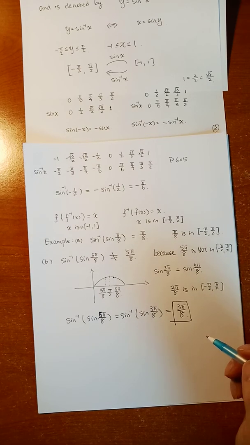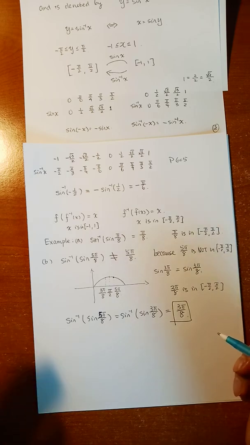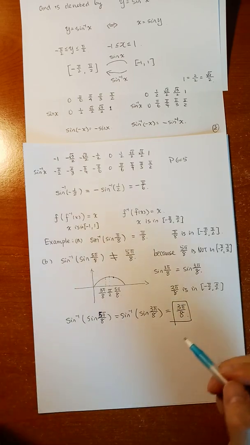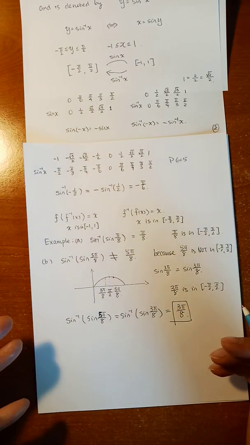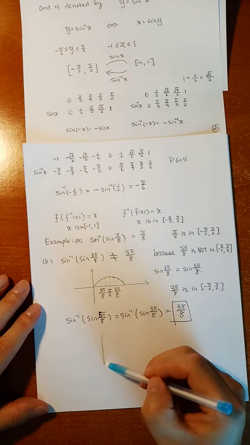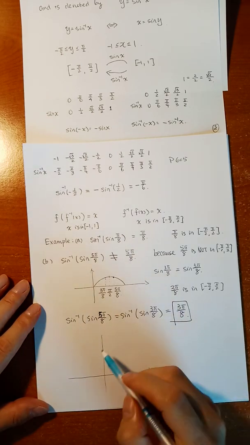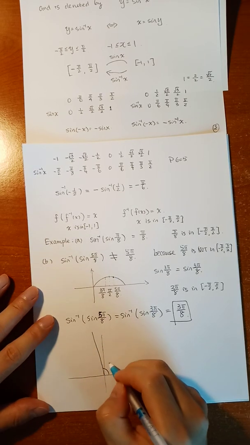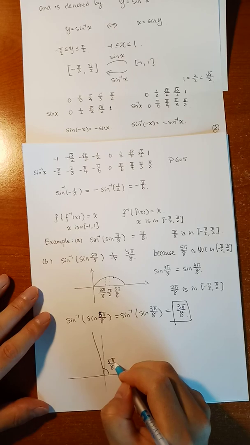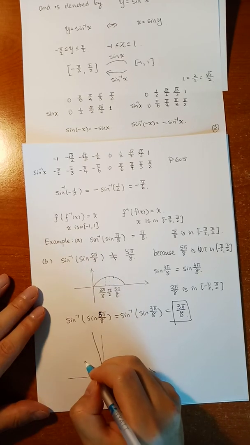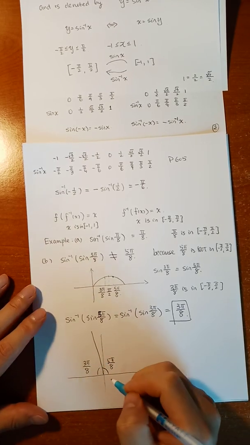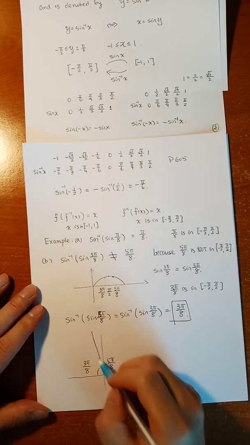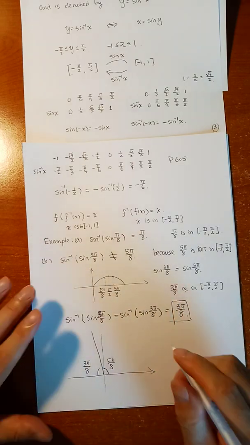Okay, so how do we get this angle? It is actually the reference angle. You see? If here's a 5 pi over 8, then this part will be 3 pi over 8, the reference angle. And in the second quadrant, you share the same value.